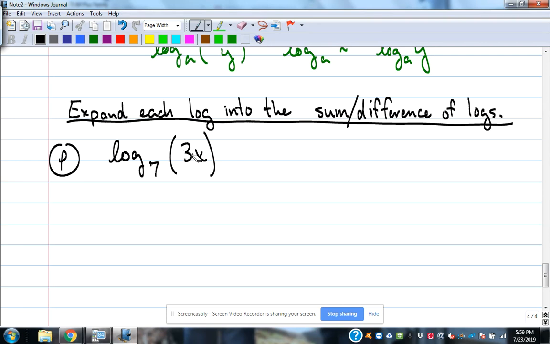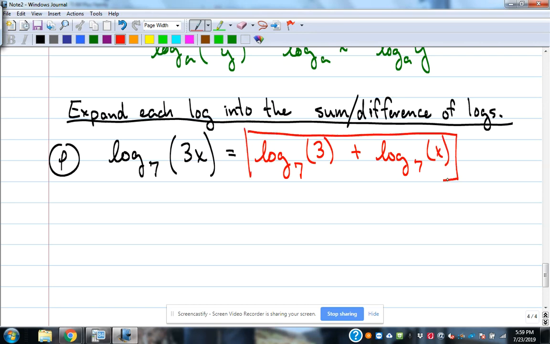They're multiplying. So multiplication turns into addition. We're going to have log base 7 of 3 plus log base 7 of x. Multiplication turns into addition. Okay, it's just like the example. It's just got a number in it, a couple of numbers in it.